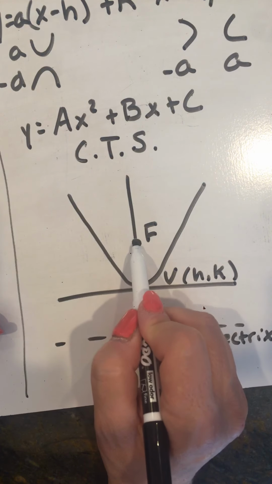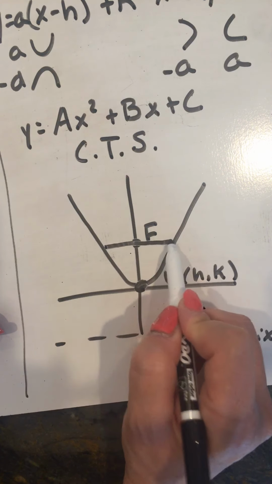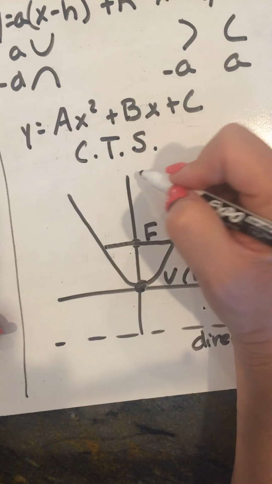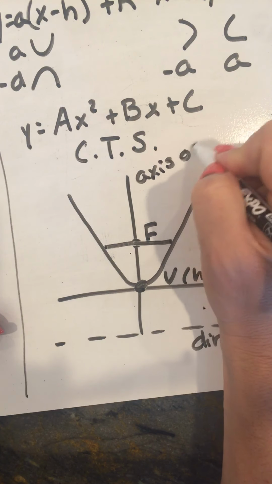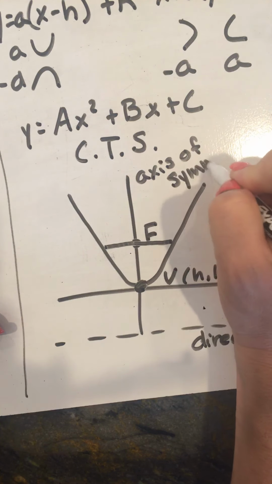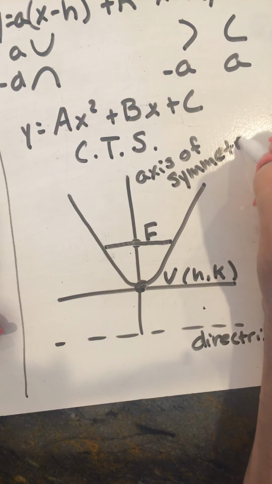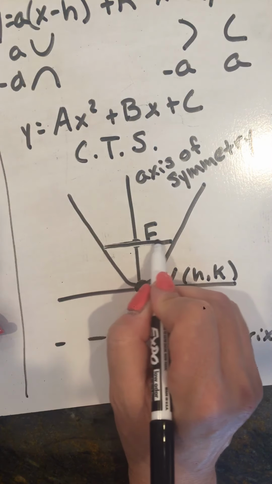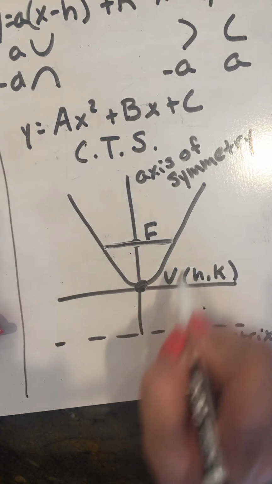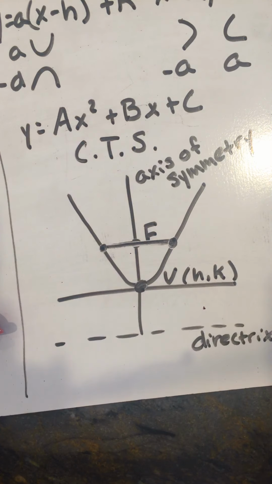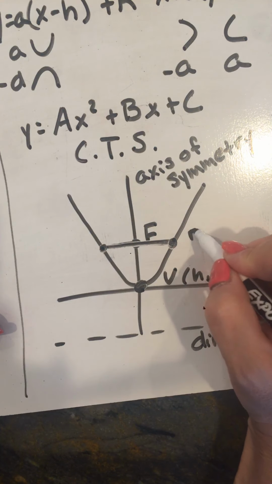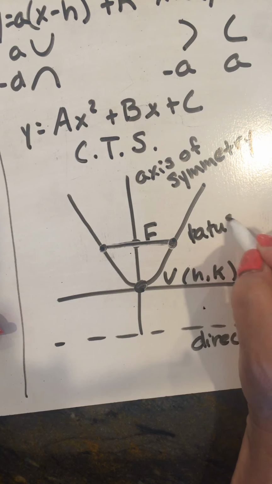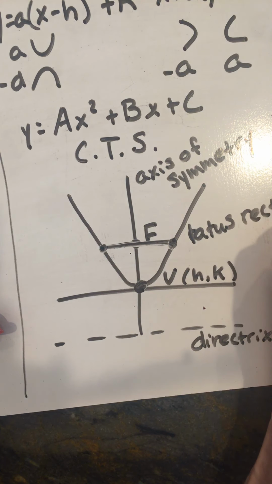And then there is a line that is perpendicular to this axis of symmetry, and it goes through the focus perpendicular to the axis of symmetry and hits the parabola. And the name of this line, the latus rectum.